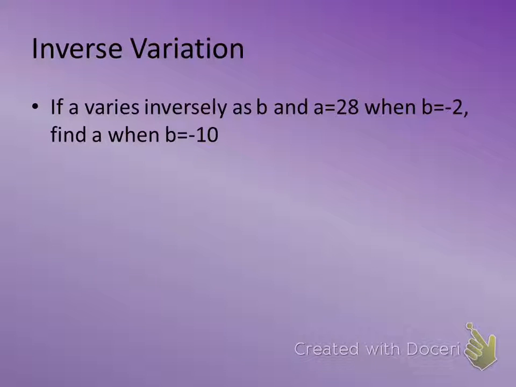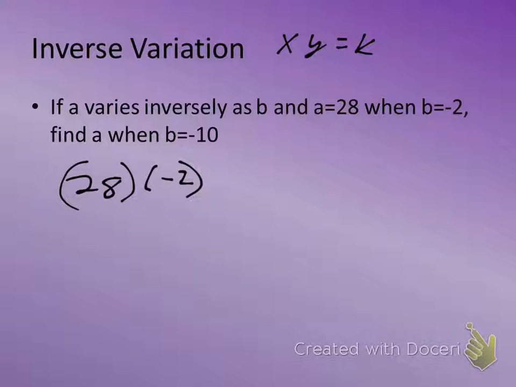And that's where the variables really don't matter too much as long as you get the same pairs. So if it varies inversely as b, and a equals 28 when b equals -2, boom, right there's a pair. So 28 times -2, and that's wanting to find a when b equals -10.